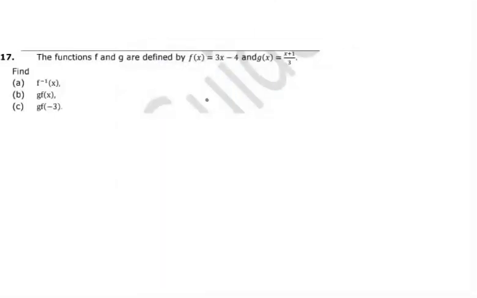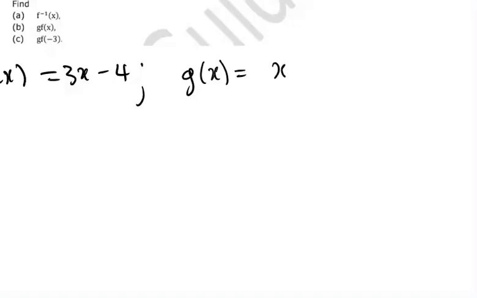So we have f of x, which is equal to 3x minus 4. Then we have g of x equal to x plus 1 over 3.